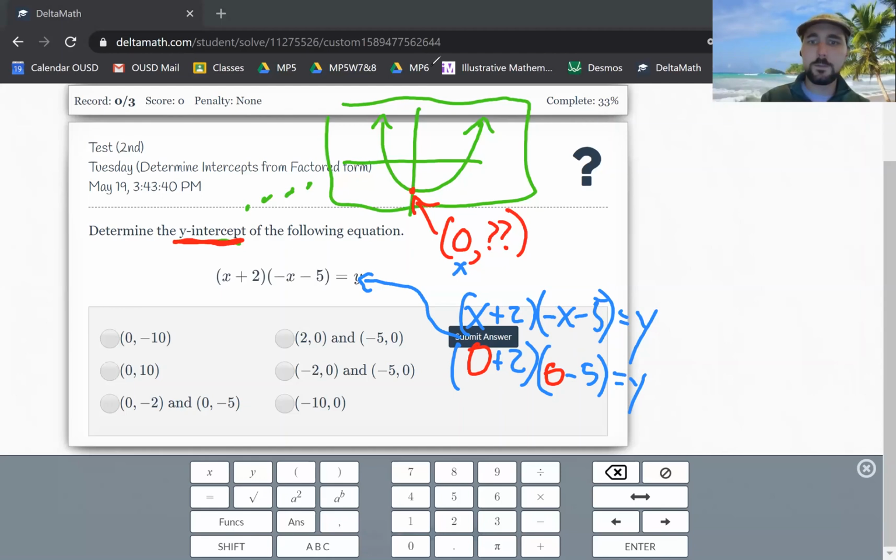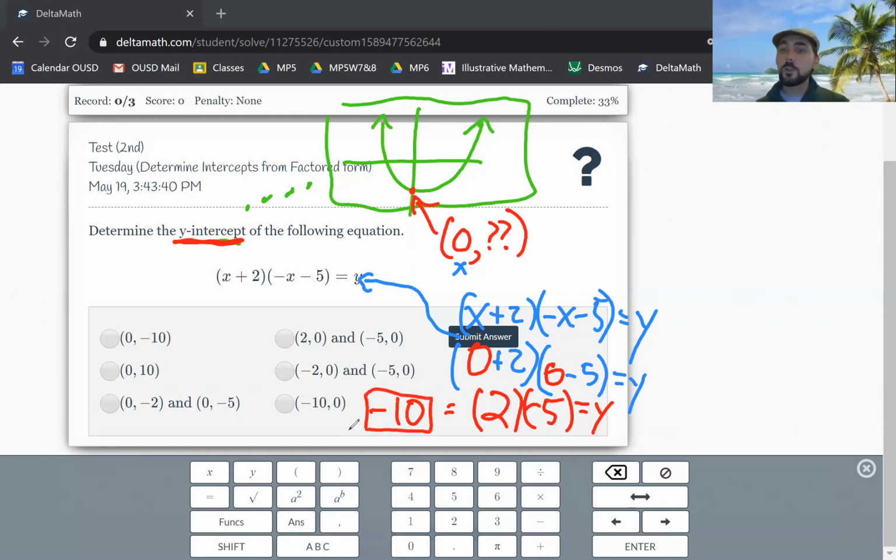Okay, and then we finish this math. 0 plus 2 is, of course, 2. 0 minus 5 is negative 5. And this is equal to y. And 2 times negative 5 is equal to negative 10. So that tells me that the y value of the y-intercept is negative 10.